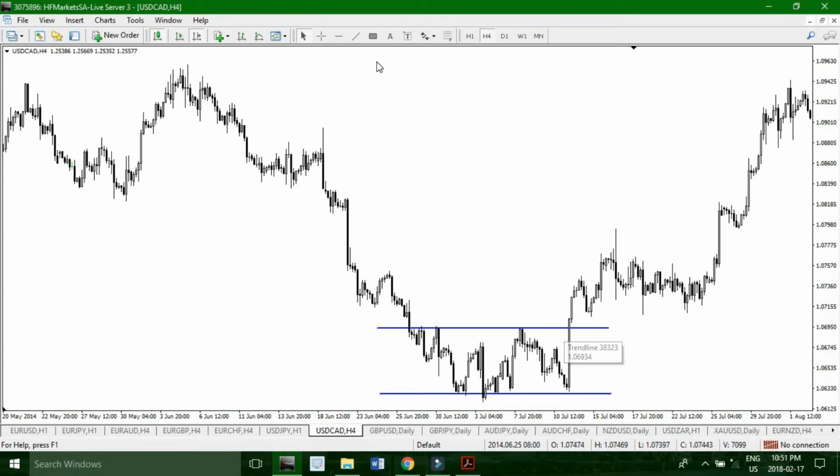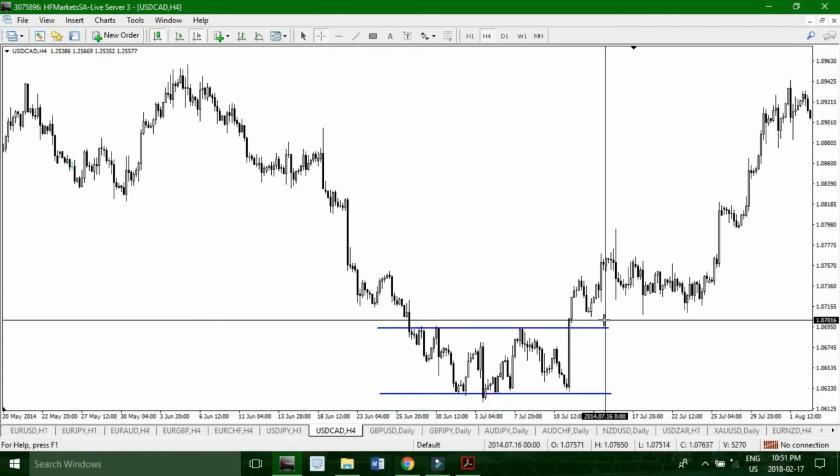Another thing, we're analyzing USD CAD right now on the H4 time frame. Our entry would definitely be looking at this level, and 50 pips, it's quite far.